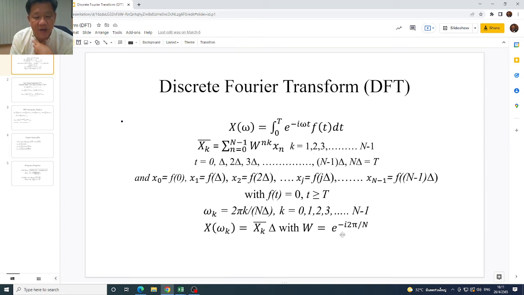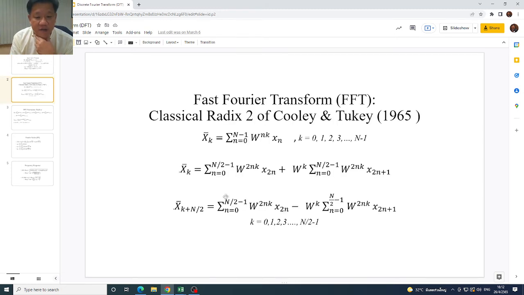That results in the complex number cos of 2 pi times n minus i sine 2 pi times n. For any integer value of n, you're going to get always equal to 1. When it's always equal to 1, that's why this term, when you replace k by k plus N divided by 2, you get the same term here.